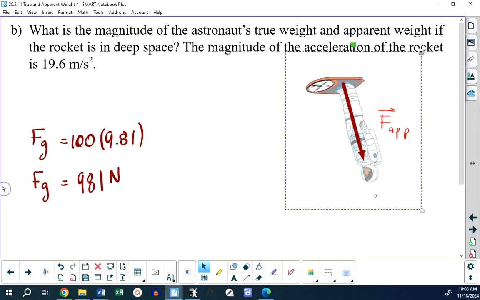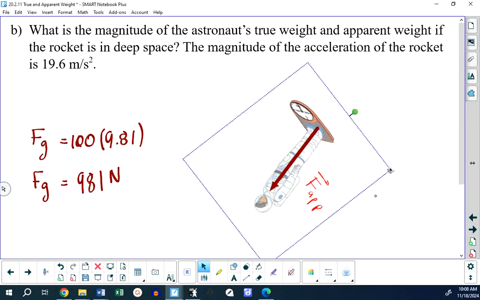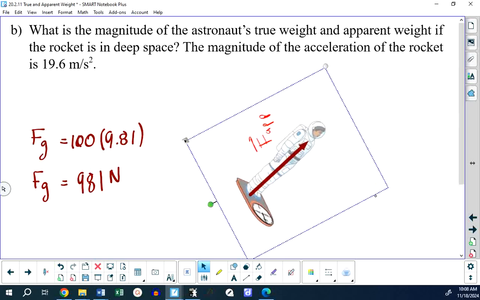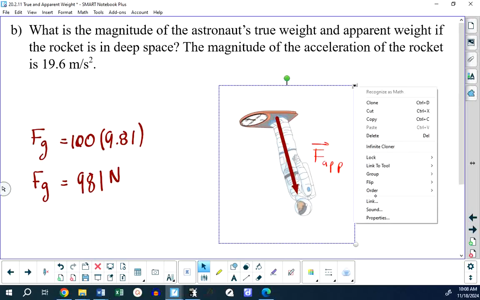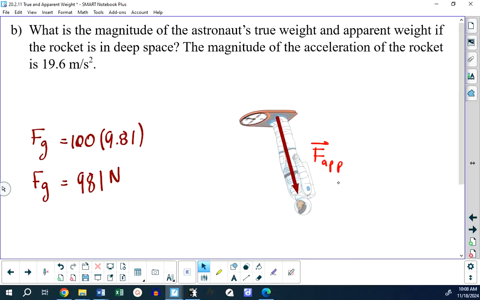So it doesn't matter whether the astronaut is here going that way, or it doesn't matter which way they are moving, or accelerating, I should say. That's the only force, which means it's the net force, which means it's ma. Just so that I can write sensibly here. This is actually the net force, which is found using ma.